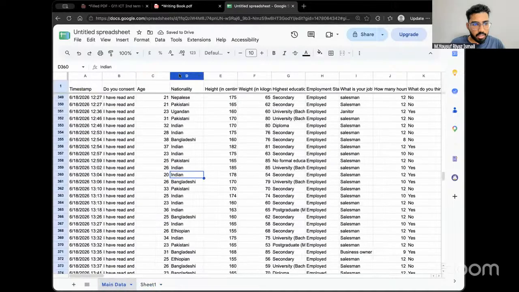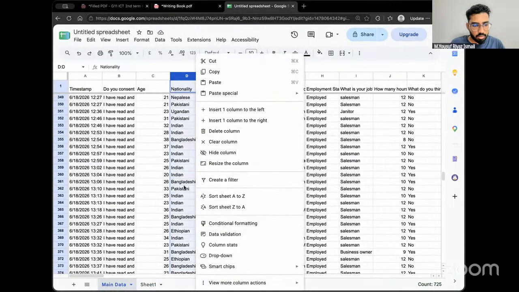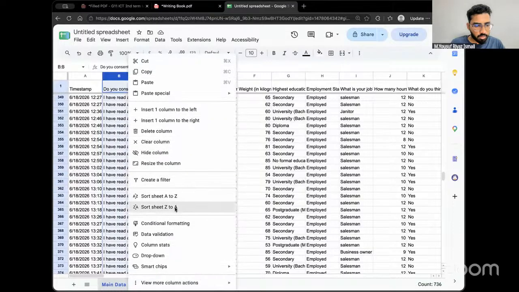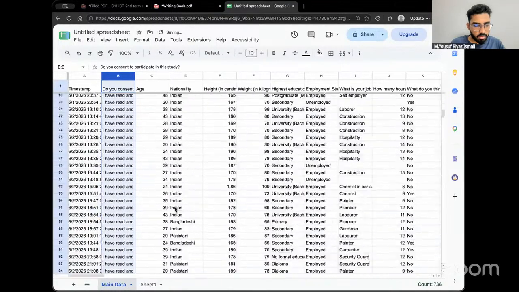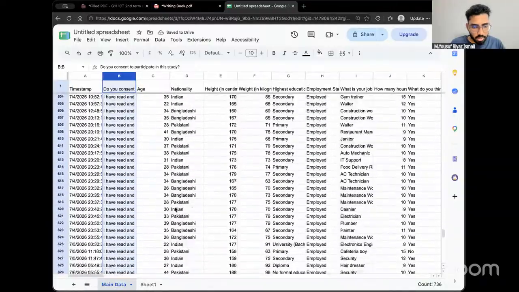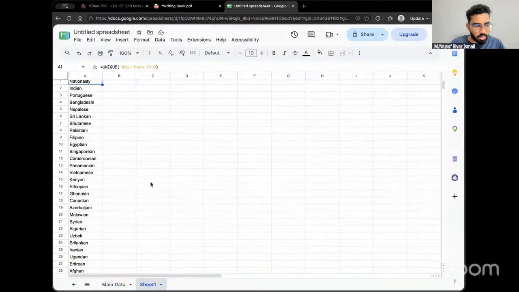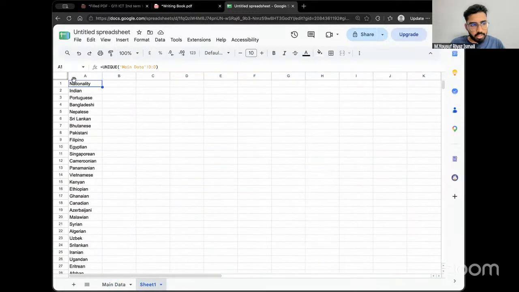I'll just do some small cleaning so it's more proper. Okay, so I have a list of countries here, and now I can get a count as well.